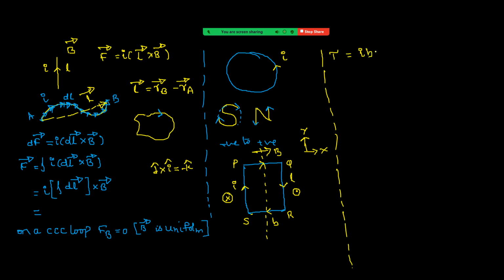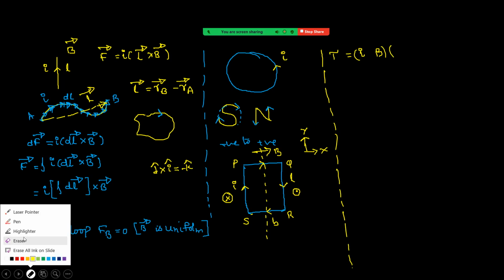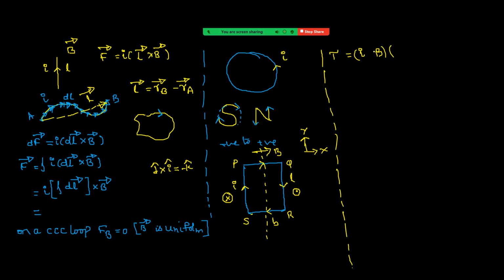This is the modulus of force into separation between those two. Wait, force is length L, right? Not B. This is L. So ILB. Separation between those two forces is now B, right?